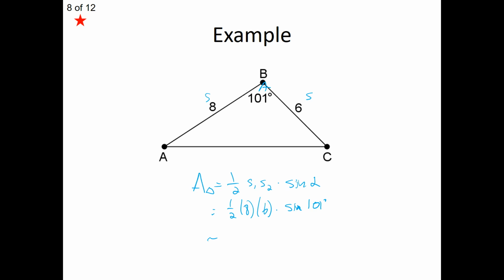We pop that into a calculator. I'm going to round to the nearest hundredth again, and we roughly get the area to be 23.56. And there we have it, the area of that triangle with the given two sides and their included angle, so we use the side angle side pattern area formula.